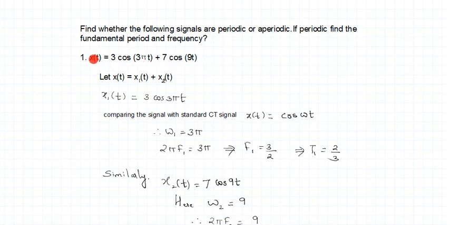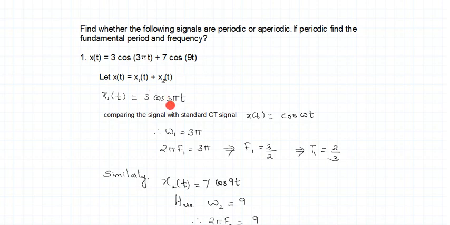If there are two signals, what is the overall periodicity of x(t)? We proceed and say let x(t) be x1(t) plus x2(t), where we call 3 cos of 3 pi t the term x1(t). Let us find the fundamental period and fundamental frequency of x1(t).